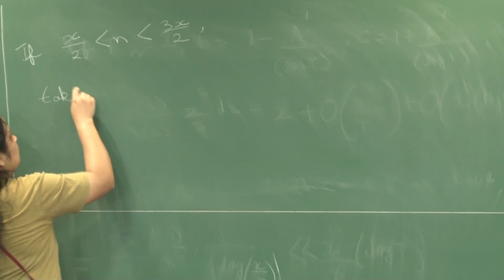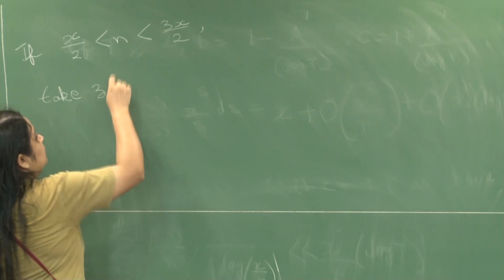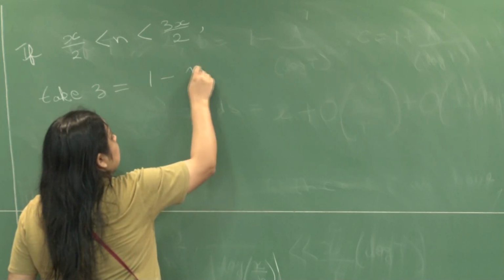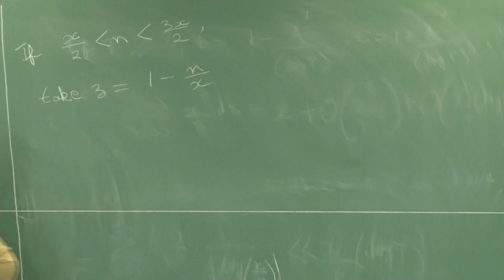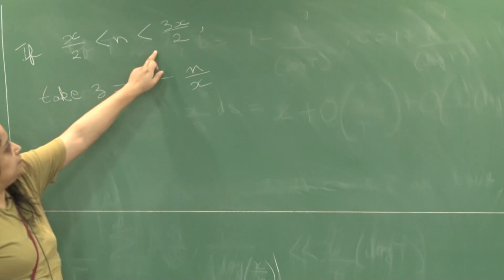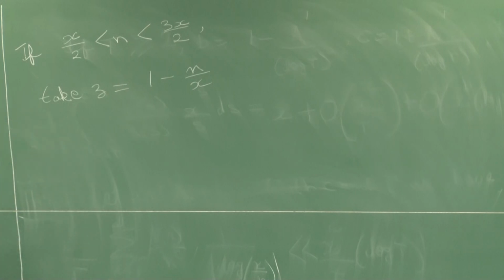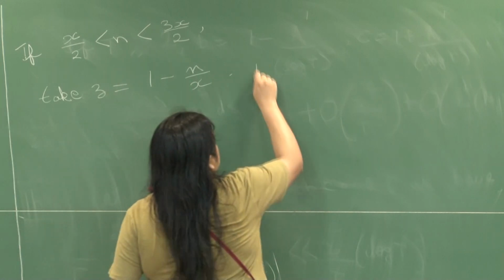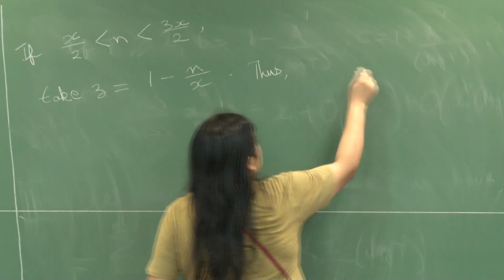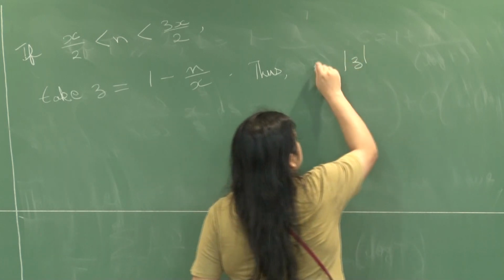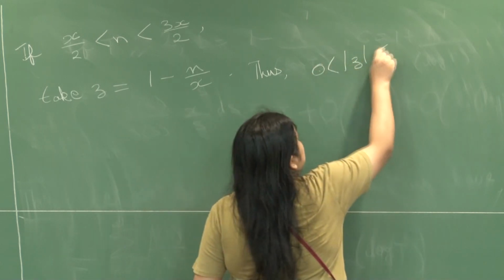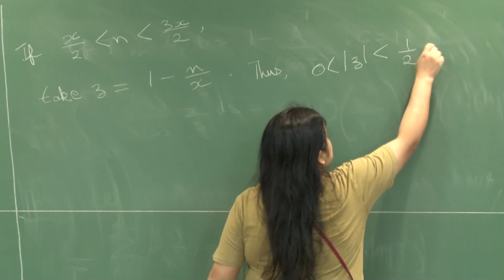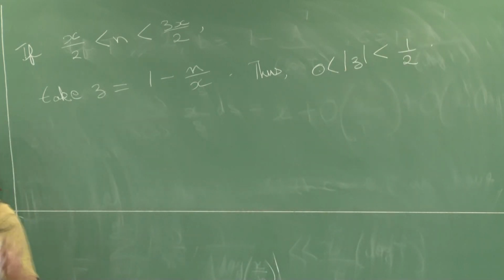Make the substitution z equal to 1 minus n over x. If n lies in this region, then you can verify that the absolute value of z would be strictly greater than 0 and strictly less than a half. I will leave it to you to verify this.